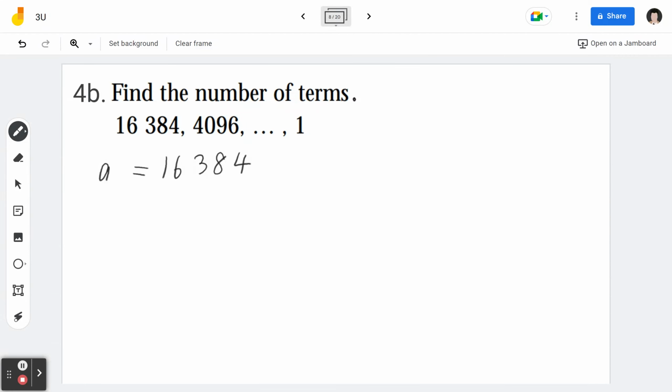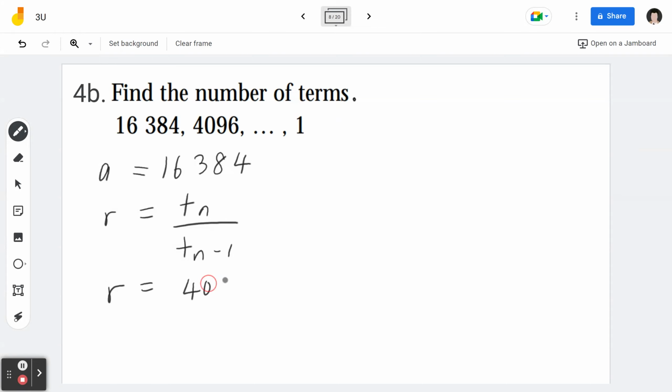So we should give you more terms in general, but this one, what you're supposed to think about, and I hope you can see this, is you're asking, how do we get from 16,384 to 4,096? So one idea would be to take the common ratio, which is any term divided by the previous term.